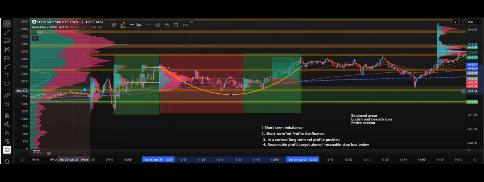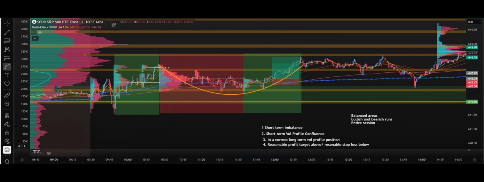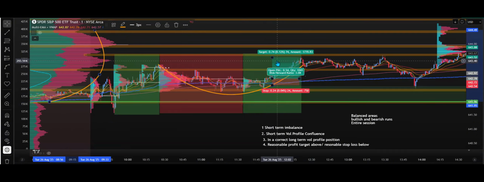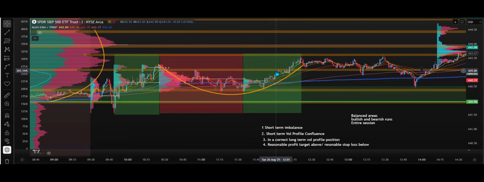You have your bullish reversal area of this larger peak, right? So anywhere in here is going to be your bullish area of this larger peak. And price now just has to prove that it can get through this low volume node, which has acted as resistance throughout the day. So it's confirmed this level as a support.